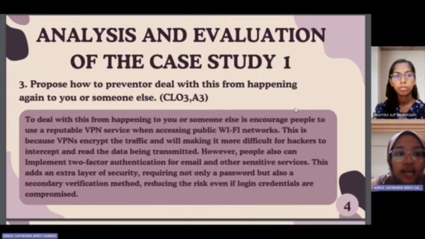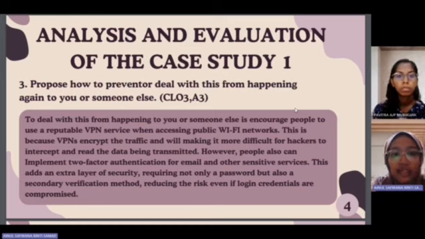And then the last question is to propose how to prevent or deal with this from happening again to you or someone else. To deal with this, we encourage people to use a reputable VPN service when accessing public Wi-Fi networks. This is because VPNs encrypt the traffic, making it more difficult for hackers to intercept and read the data being transmitted.